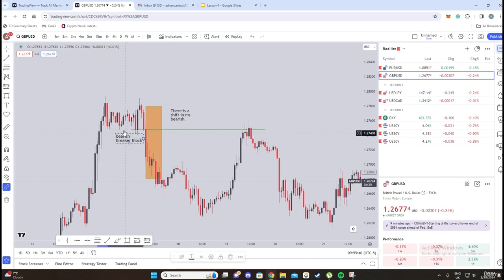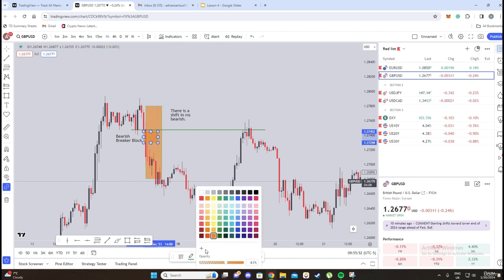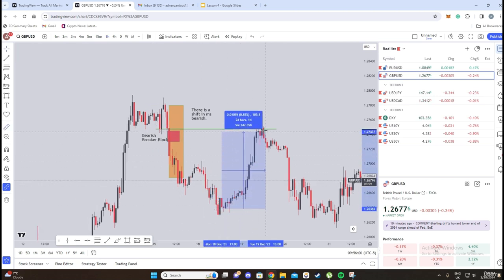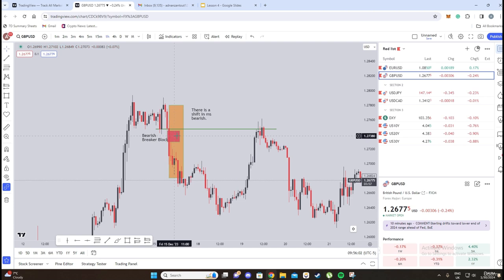Alright, and price has a gap right here, and look, the gap closes off where? At the bearish breaker. Let me just change this color. Here is a bearish fair value gap. So price will have a tendency to trade back up into this gap to fill it, and look what happens here.